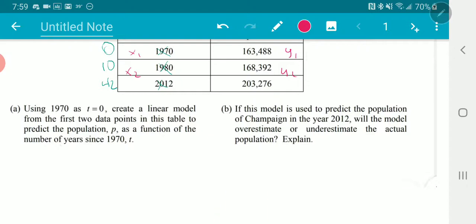Got my 168,392 minus 163,488 over my 10 minus 0. So my slope, in this case, once I calculate all that out, is going to come out to 4904 over 10, which is really just equal to 490.4.